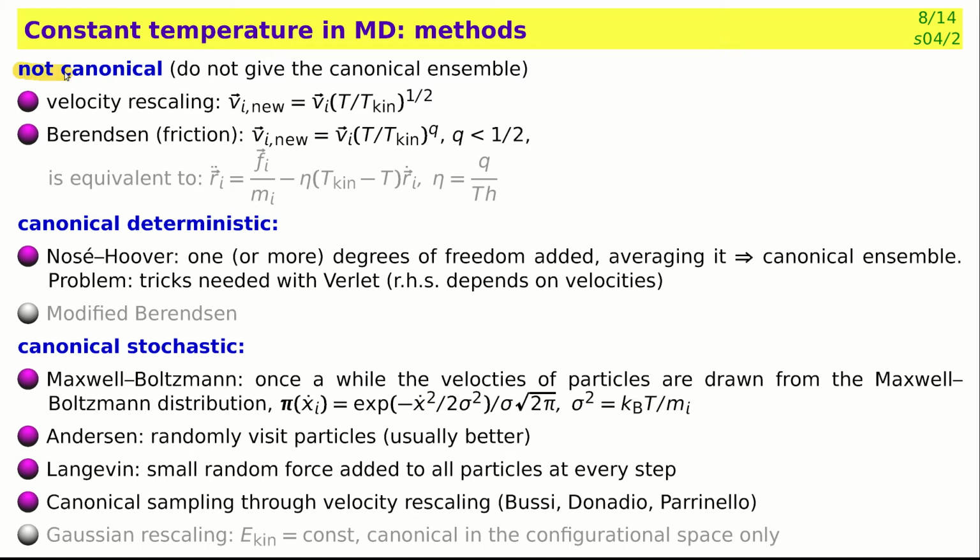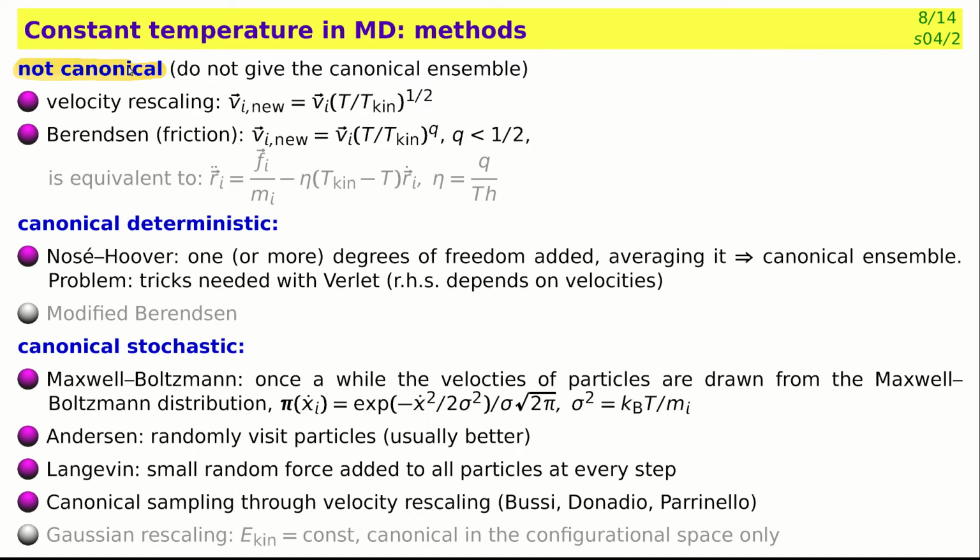Some of them are not canonical. It means that they do not give the true canonical ensemble, although they do give the correct average temperature, or kinetic energy corresponding to the correct temperature, I mean. The canonical ensemble means that all configurations have probabilities to occur in the trajectory proportional to the Boltzmann probability.